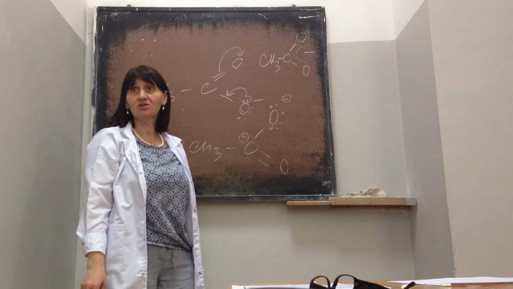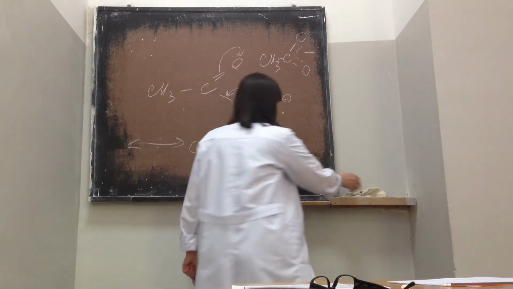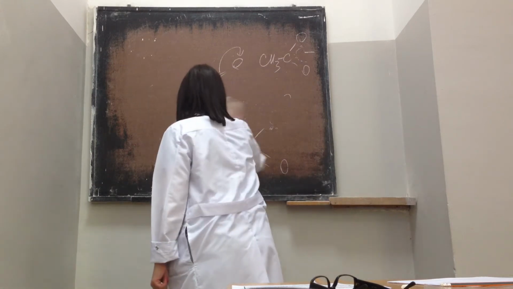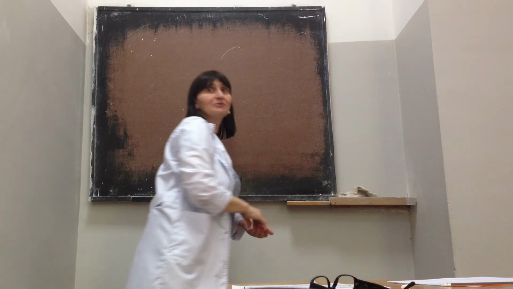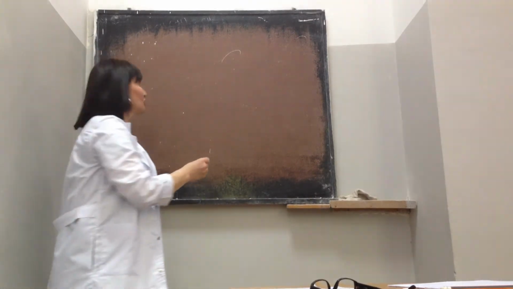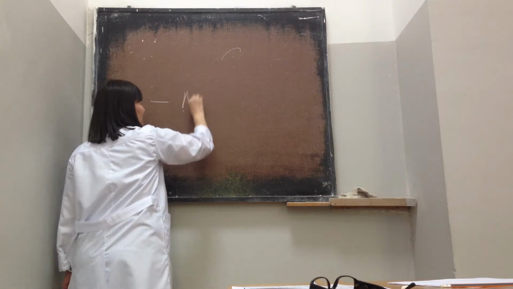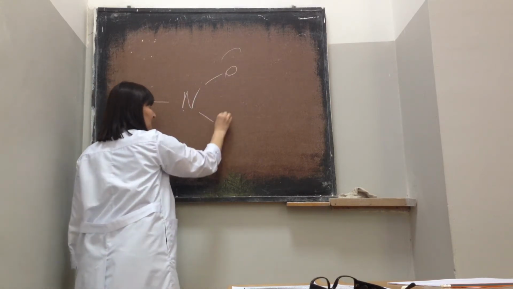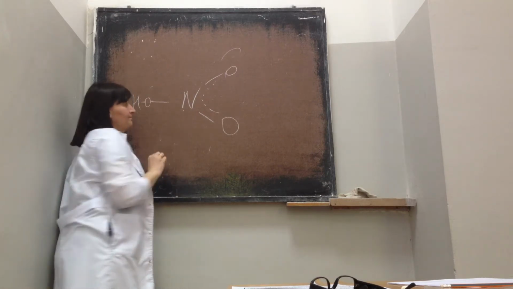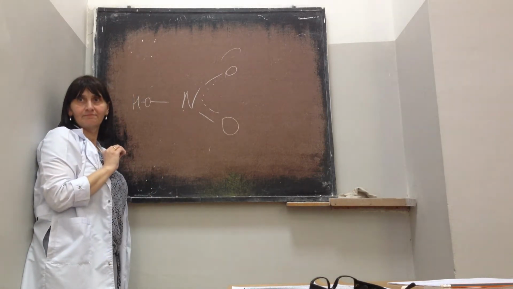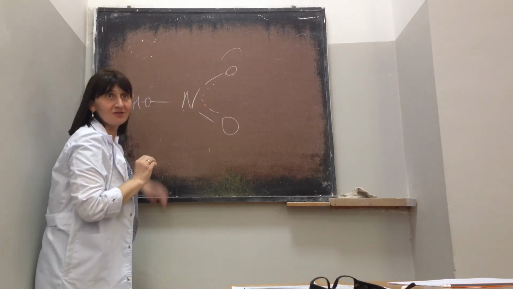The same situation you have in nitric acid. For nitric acid, you can draw 2 resonance structures. Do you remember resonance from general chemistry? You can draw nitric acid like this: double bond with this nitrogen, double bond with this nitrogen.